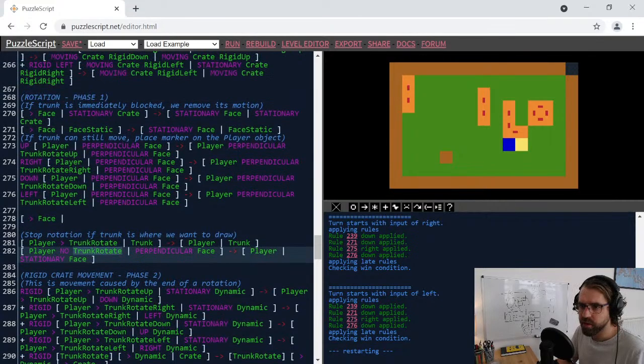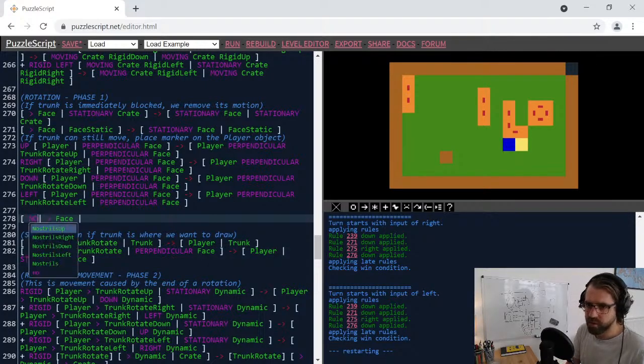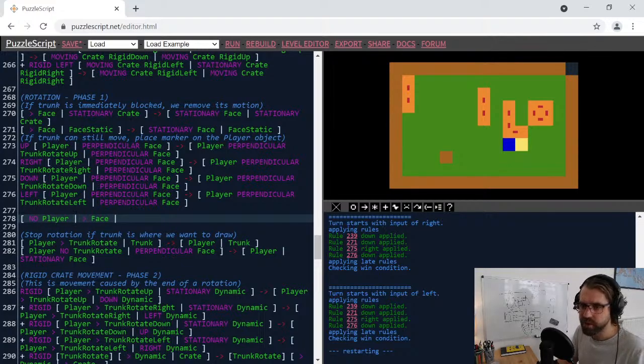Where's the trunk rotate right now? Only on player. And I could do no player. That's one way to make sure I'm on the perpendicular axis. Sure, no player base.